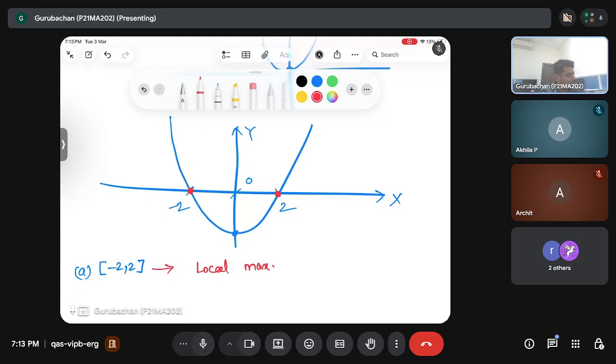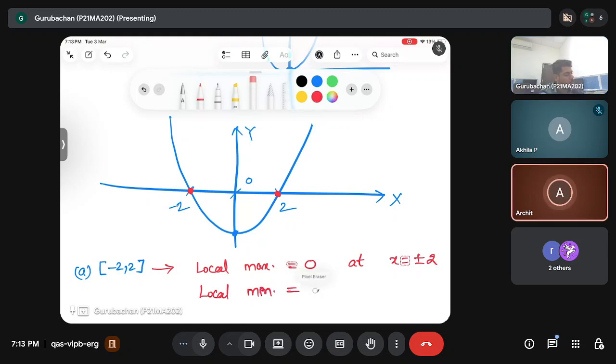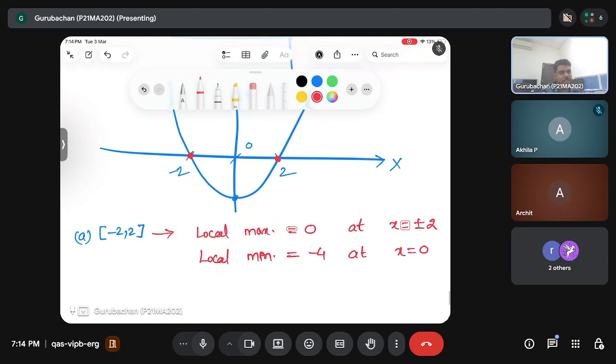Local maxima will be 0 and it will be attained at x equal to +2 or -2, sir. And local minima is -4, at x equal to 0. Since it is a continuous function over a compact or closed interval, it must attain its absolute minima and absolute maxima.